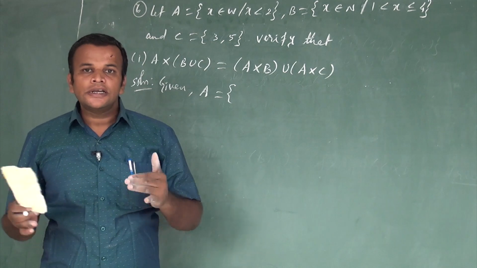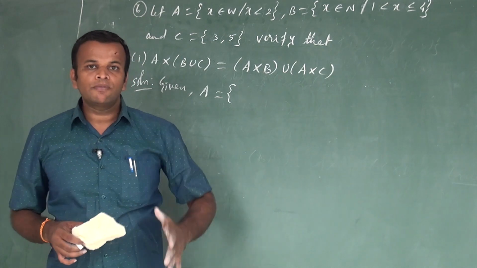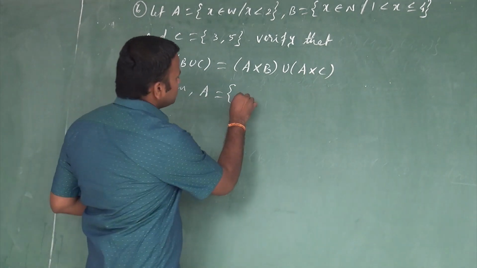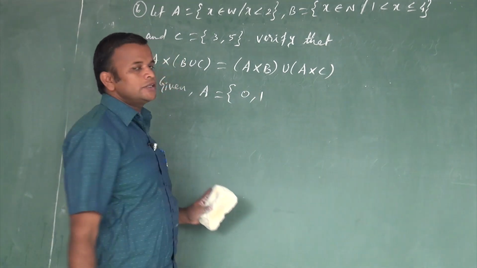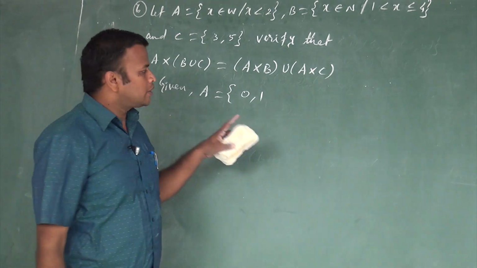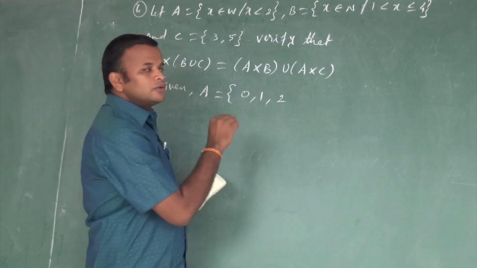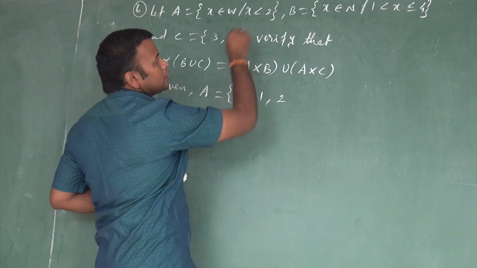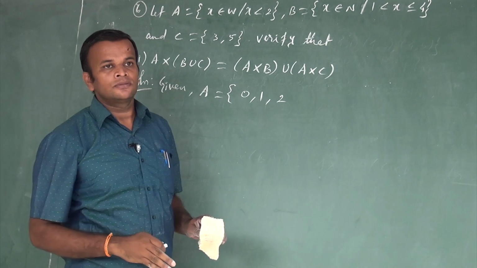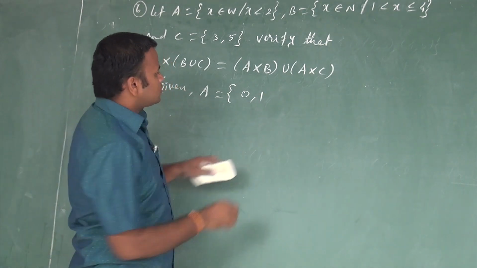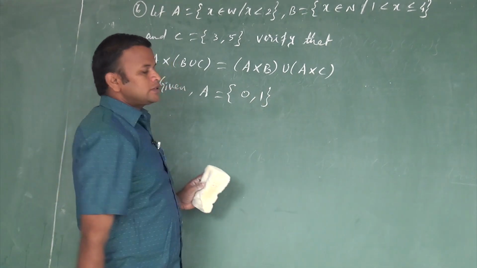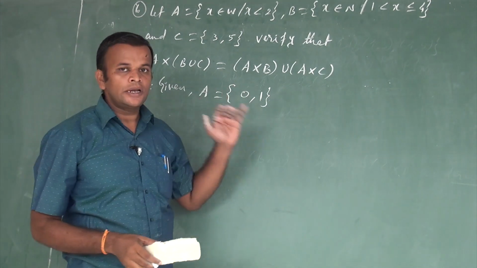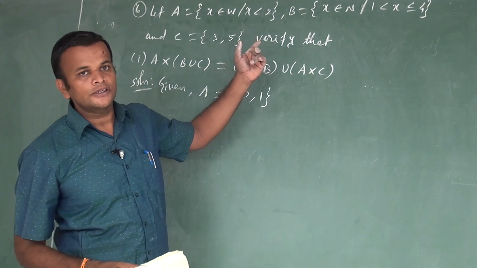The whole numbers start from 0, so 0 is possible, and 1 is also possible. The next number after 1 is 2, but 2 is not possible, because the value of x should be less than 2. So you leave 2. So set A contains just two elements, 0 and 1. These two elements are the only whole numbers less than 2.